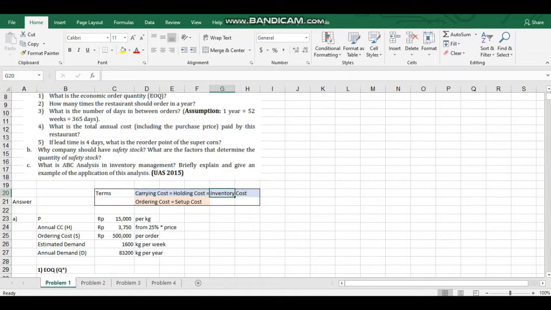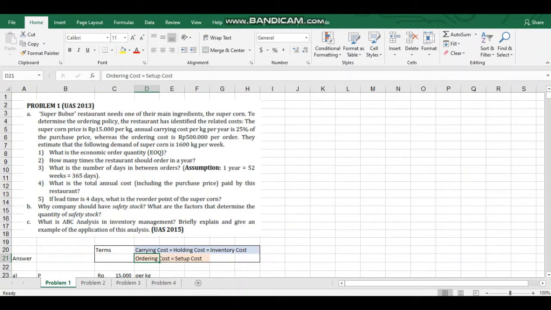They are symbolized with H. The other term is ordering costs. It has the same meaning as setup costs, but the difference is that we use the term setup costs in production, while ordering costs we use when we buy our ingredients or materials from a supplier.